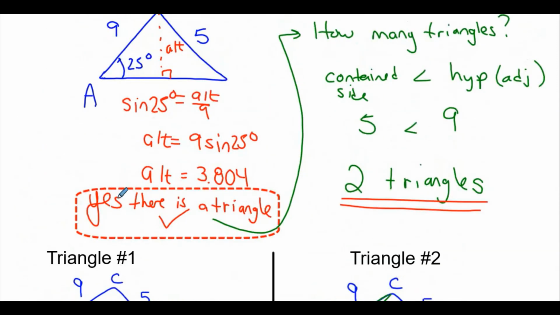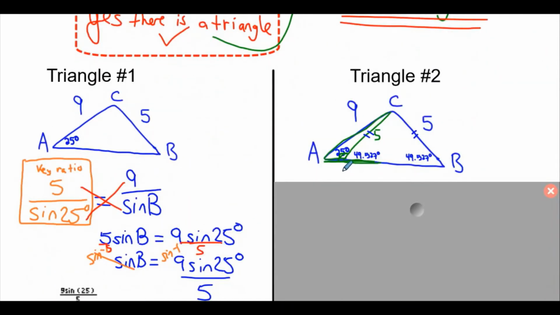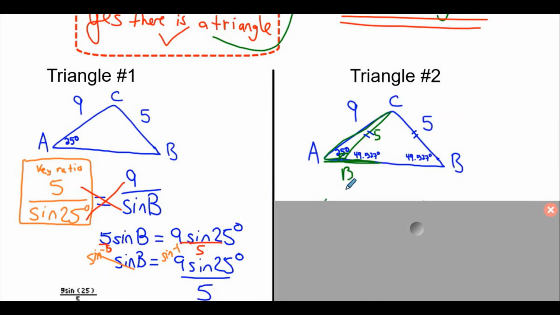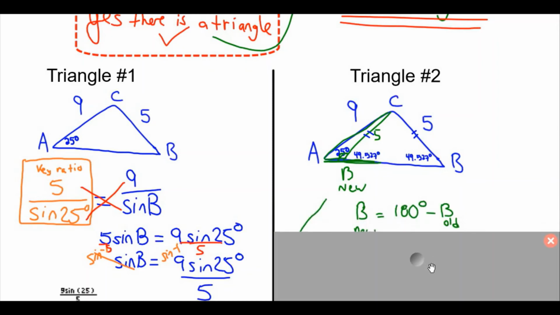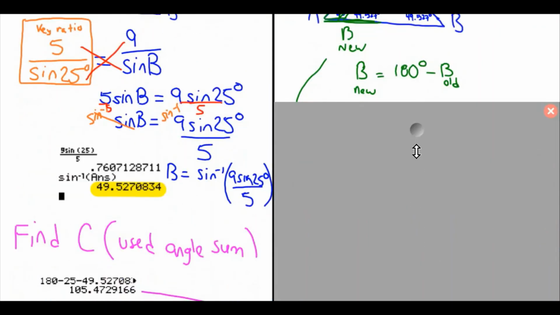And so when you look at this, all of this up here, other than this piece to find the altitude, it's really the study of what kind of shape we have. So to find this new B, what I do is I actually use the linear pair, that it's actually 180 minus the one I found earlier. So new B is found by taking 180 degrees minus old B from geometry and linear pairs.